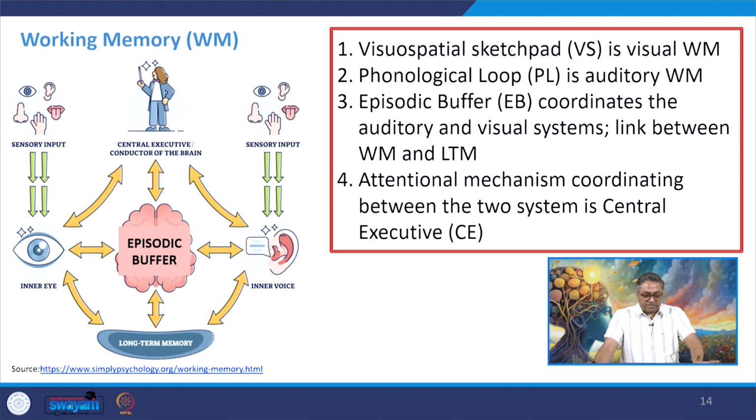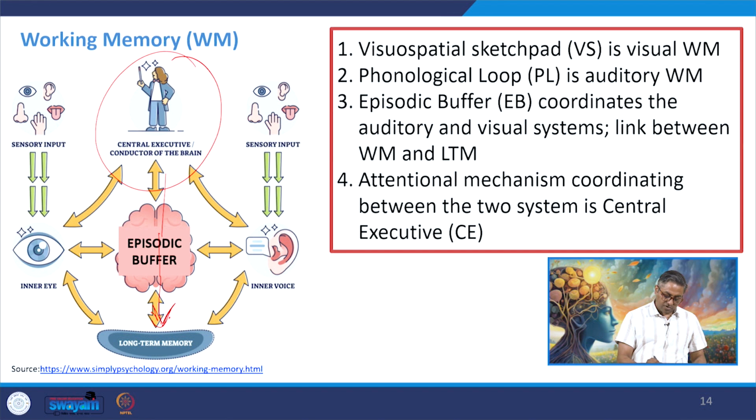If we study the system in a little more detail, we will see that he placed a central executive system, and this central executive system, through the buffer, shares information with the long term memory for future reference.